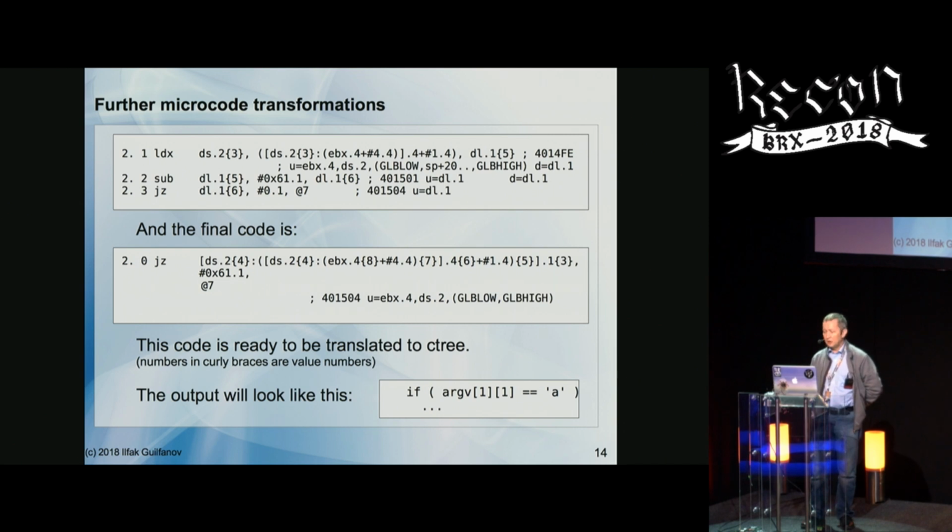And finally, we end up with just 1 instruction that does everything at once. It loads the value from the memory, compares it against the constant 61, and if it's equal, then we jump somewhere. This code looks very nice and can be literally translated into C in a very straightforward way, and we end up with an if statement.